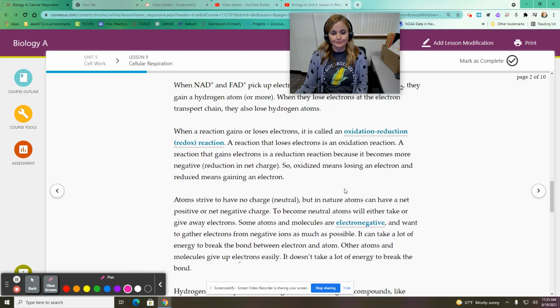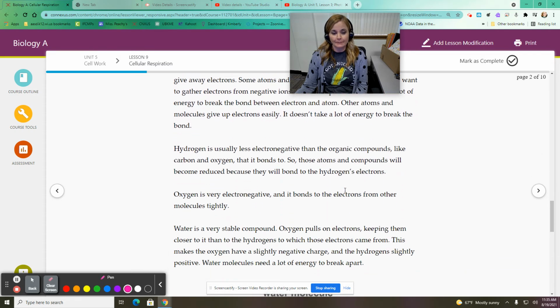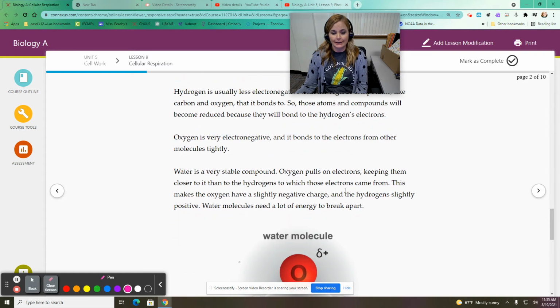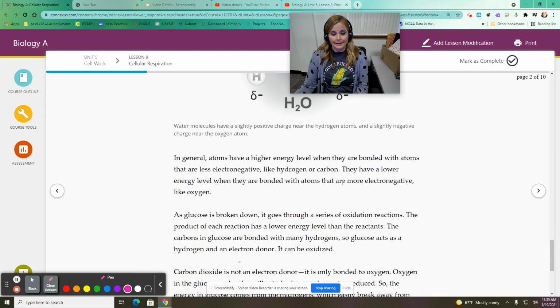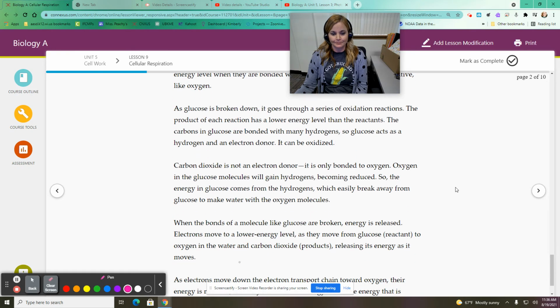And we see electrons being transported in the electron transport chain, right? So when we take those energy carriers and put them into the electron transport chain, they have more electrons, and then they lose those electrons in the electron transport chain. So they're actually losing electrons, and that energy is being released in order for them to make that water, right?